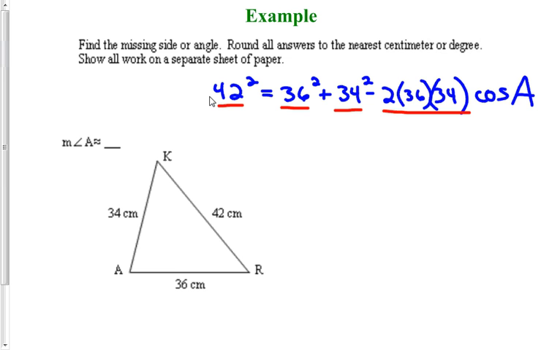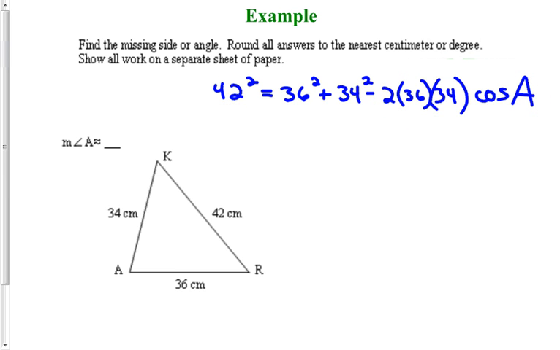Then you know what they want to do next? They want to combine all of this together. You cannot do that because this is all being multiplied together. So you cannot separate that 2 times 36 times 34 from the cosine of A. Okay? So watch out for that mistake. It's a very common mistake.